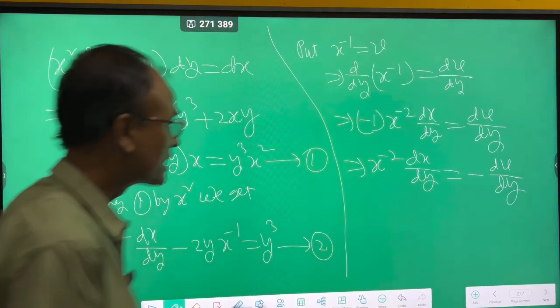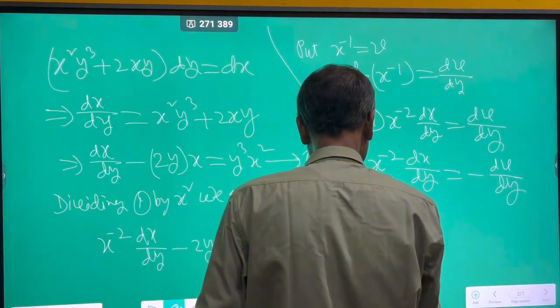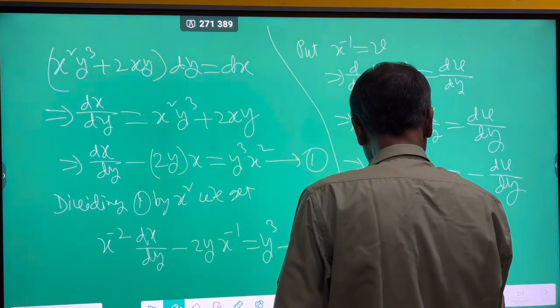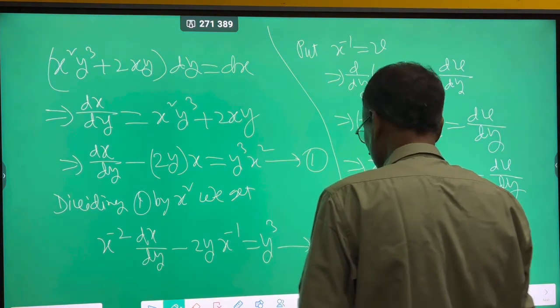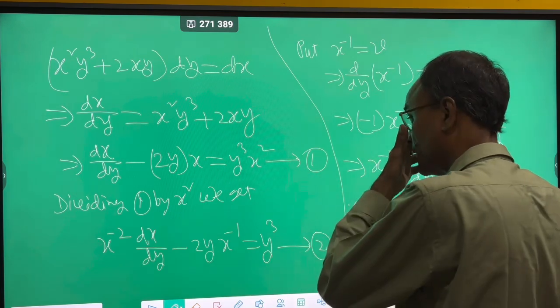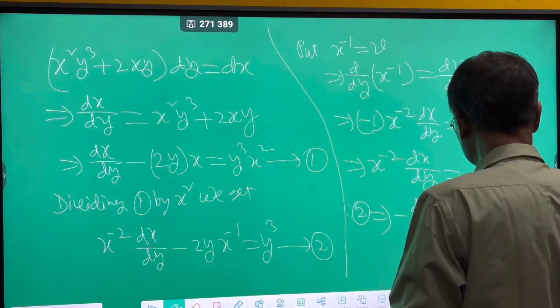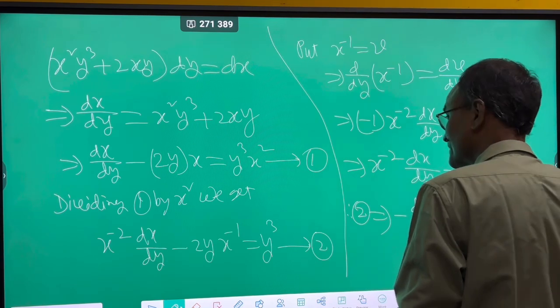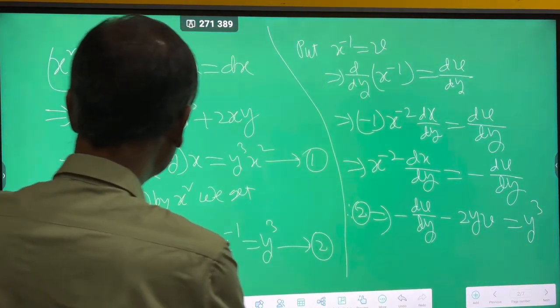Therefore, from 2 you will get minus dv by dy minus twice y v equal to y cube.